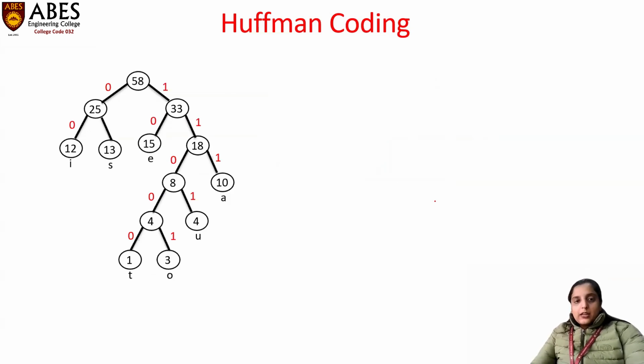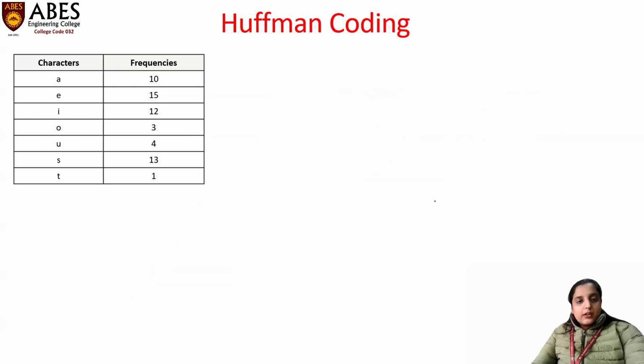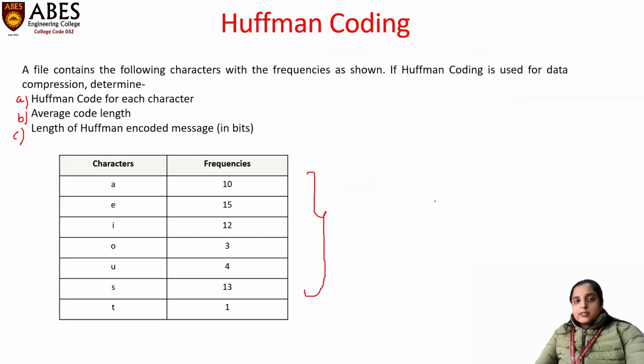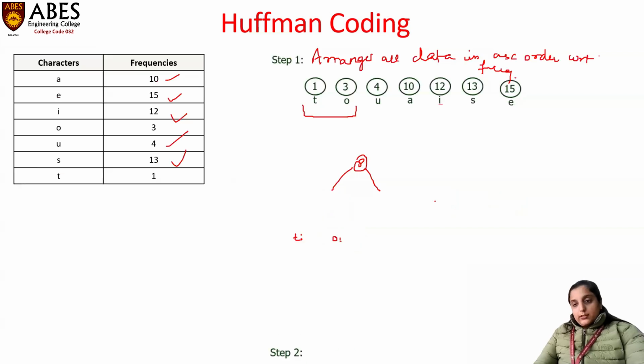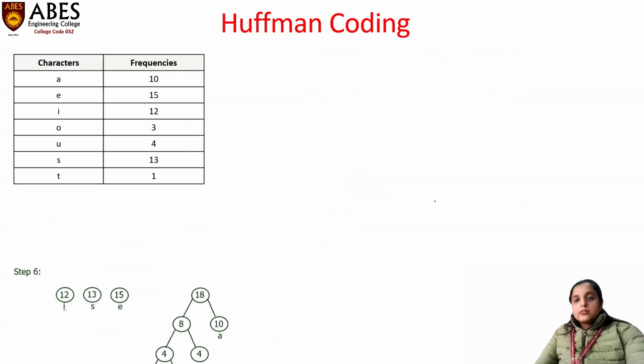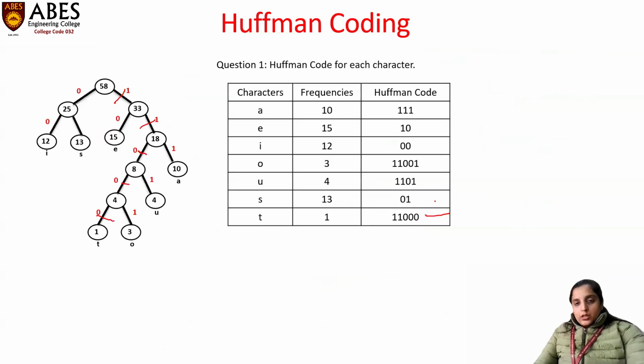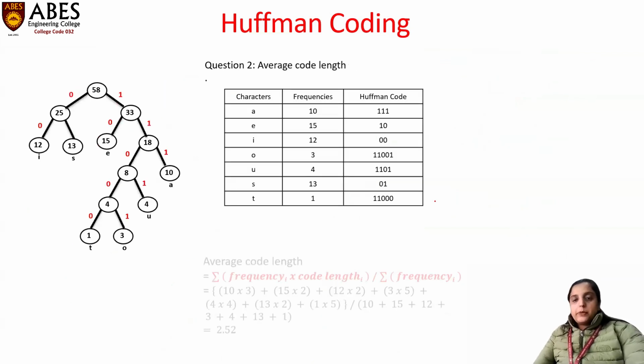Now, the next thing it has asked is you have to tell us the average code length. It's simply calculated like this.